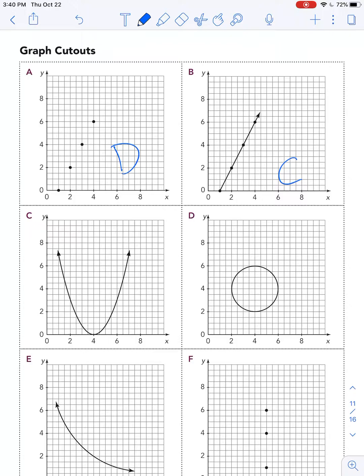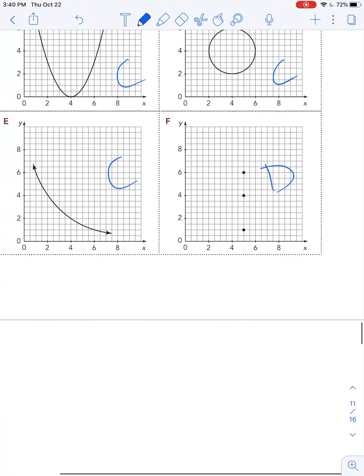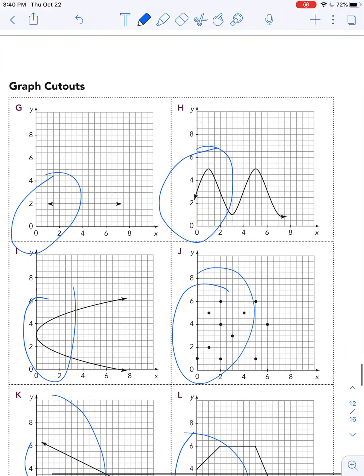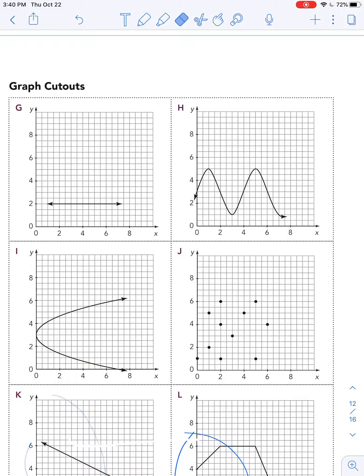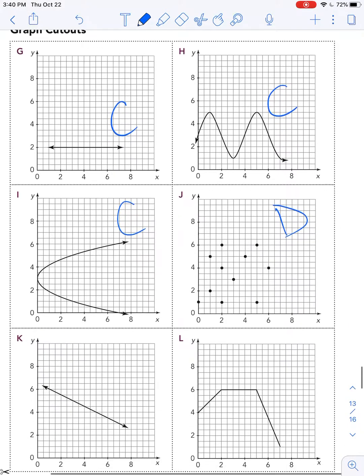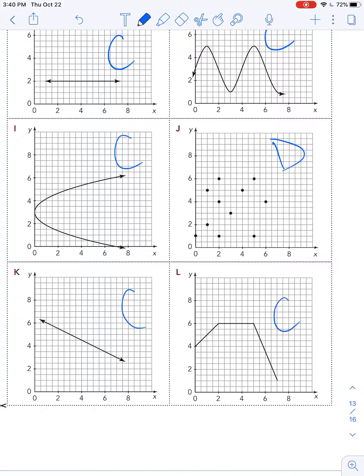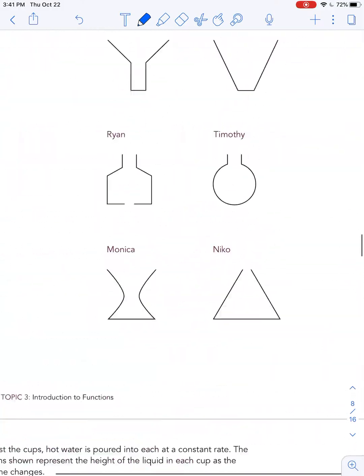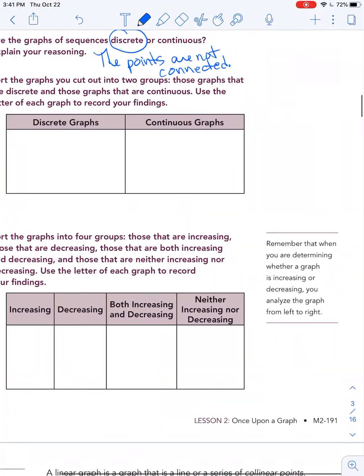This is continuous, continuous, continuous, continuous, discrete. There you go. So this is continuous, continuous, continuous, discrete, continuous, continuous. Okay, awesome.